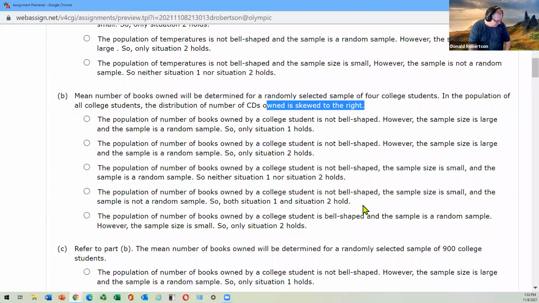So both of these are no good. So which one of them says both are bad? It's the middle one, isn't it? So that was basically giving you some examples where you're testing, is this particular sample allowed to be used in a sampling distribution context.